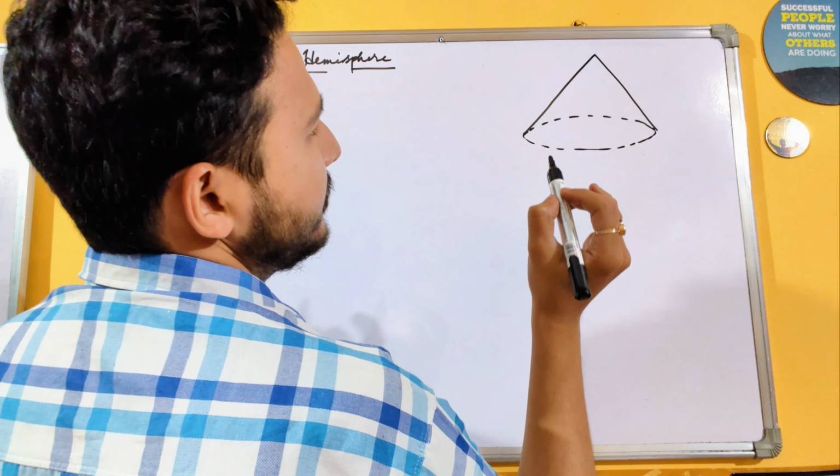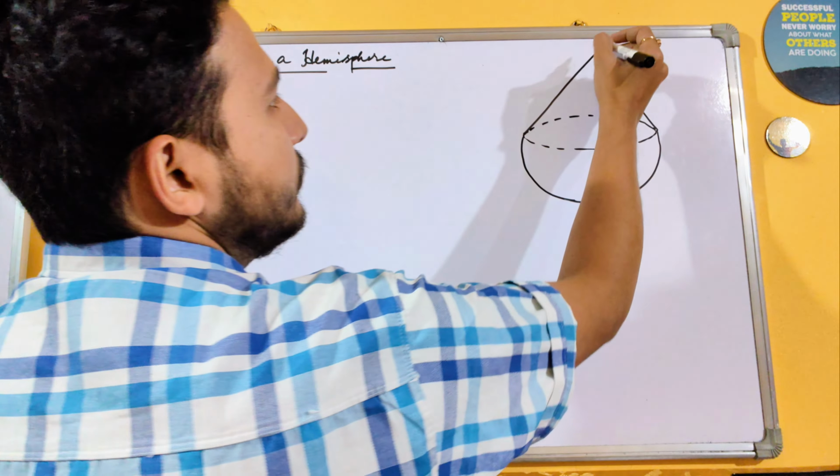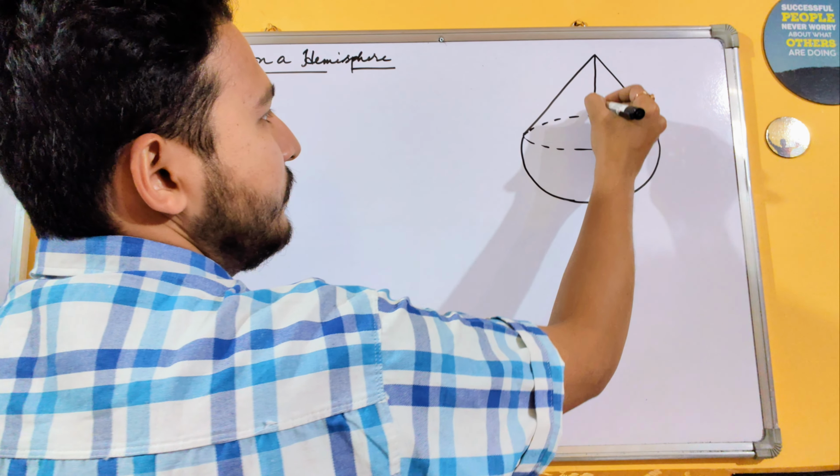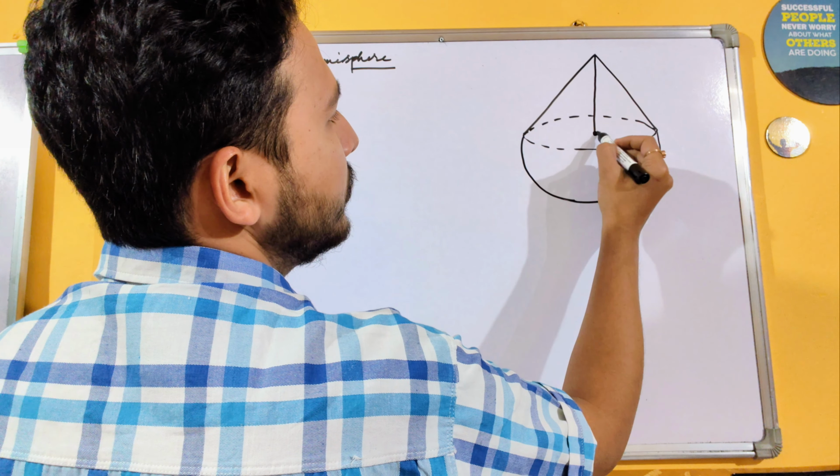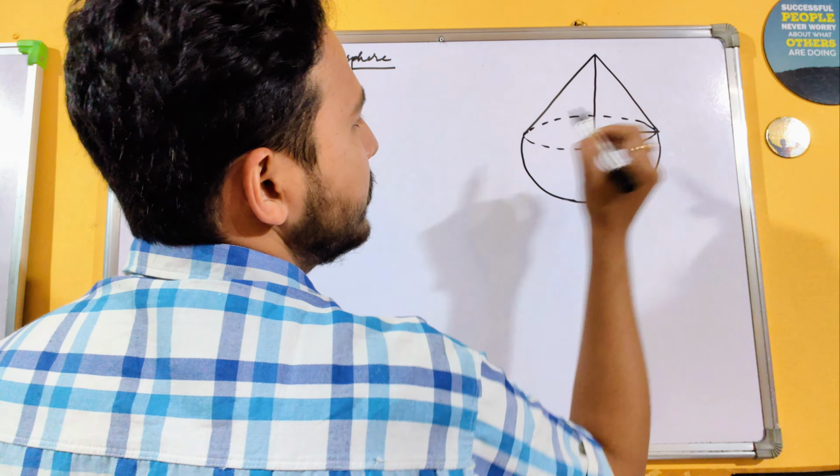Let's draw the remaining part of the hemisphere. Okay, the circle is not quite good. Let's draw it nicely like this. So this is the height of the cone, and this is the radius.